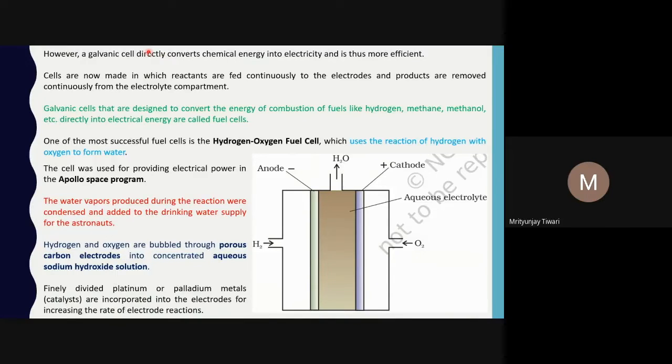What happens if you just make this process a one-step process? And that is what people try to do in the fuel cell. What we see in a galvanic cell is that it directly converts chemical energy into electricity and is thus more efficient. Even the heat of combustion, what is that energy? That is the chemical energy.